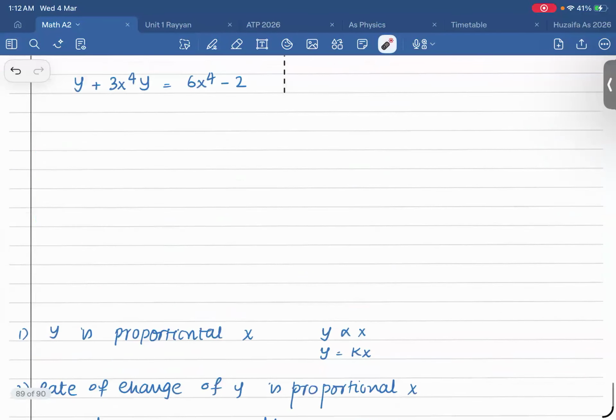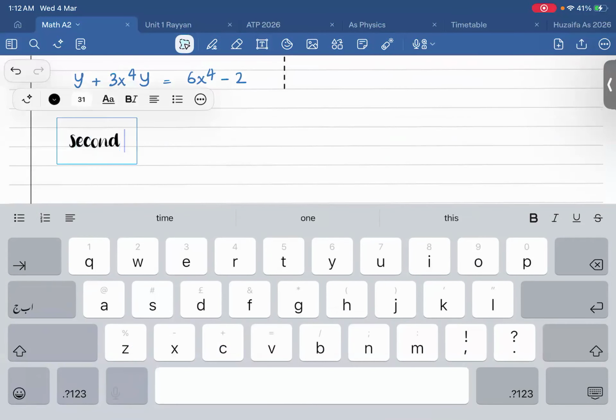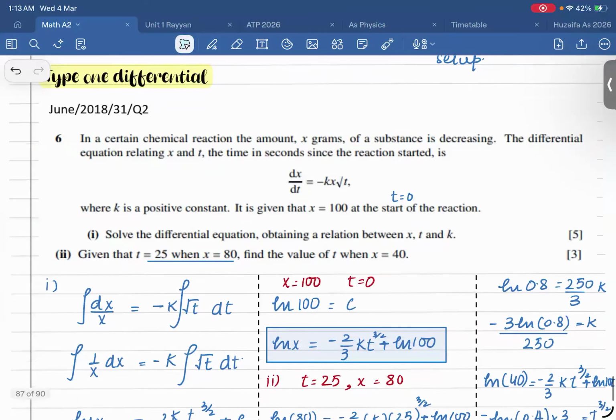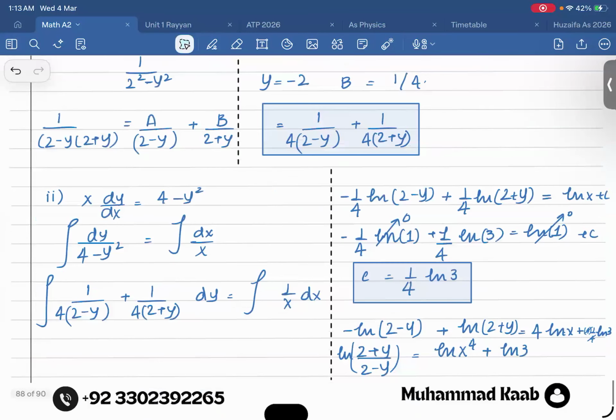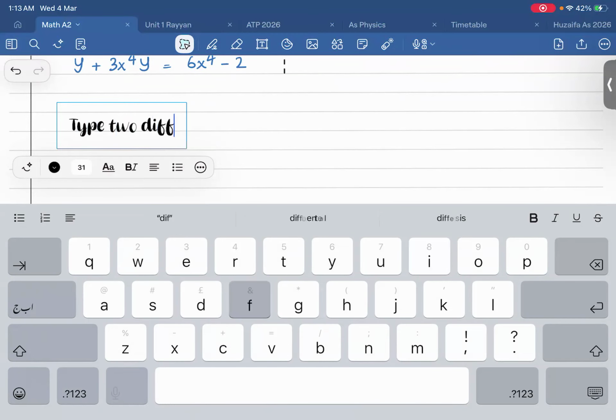That is basically the second type of question, type 2, differential equation.